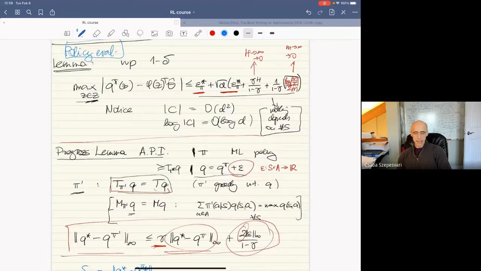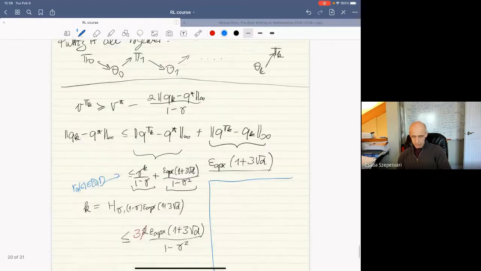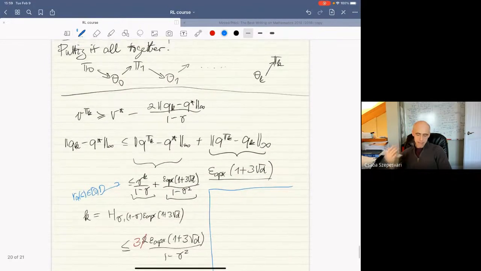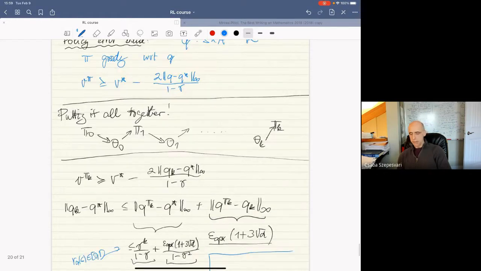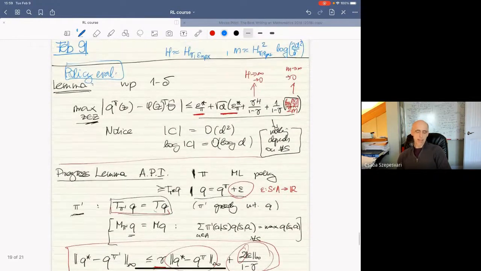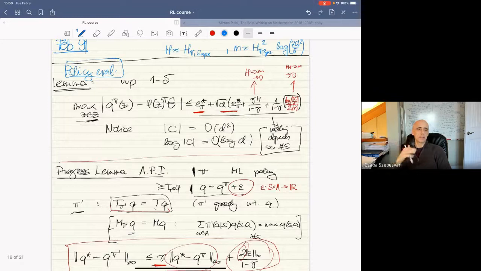Yeah, I used it k times, right? Because I have to control the error in every iteration. There were k iterations, so I use it k times. And because of that, there is an inflation of the error. So you have to apply a union bound. And now your delta has to be divided by k, which becomes this effective horizon anyway.